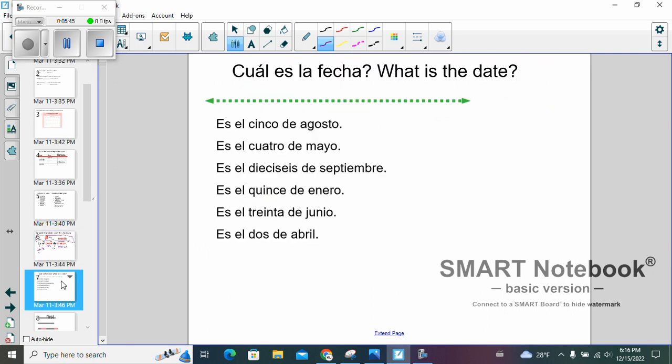So here are some sentences that are stating the date. I want you to pause and write them in, what you think they are, and then hit play again and see if you got them right.